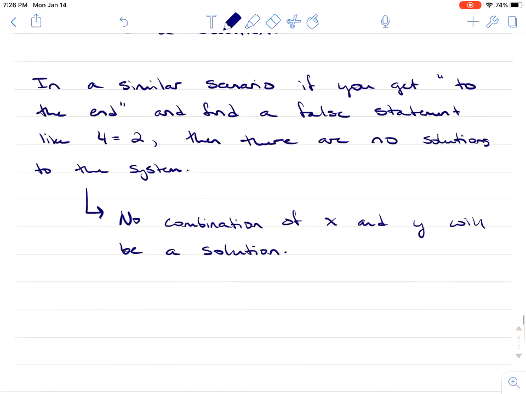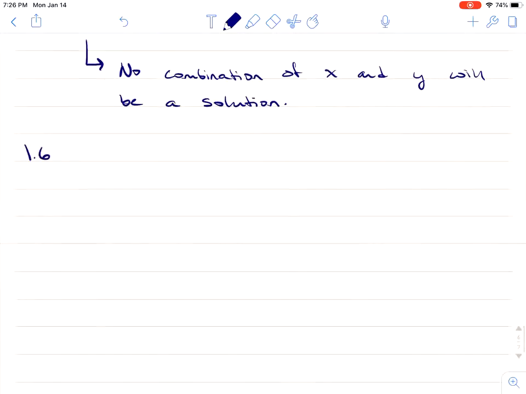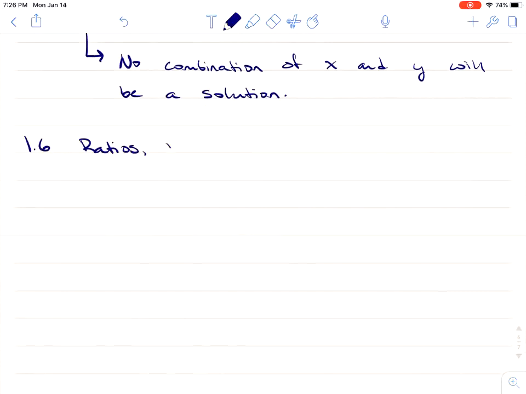So, 1.6 is on ratios, proportions, and percentages. We're pretty familiar with percentages, especially you guys in business, right?